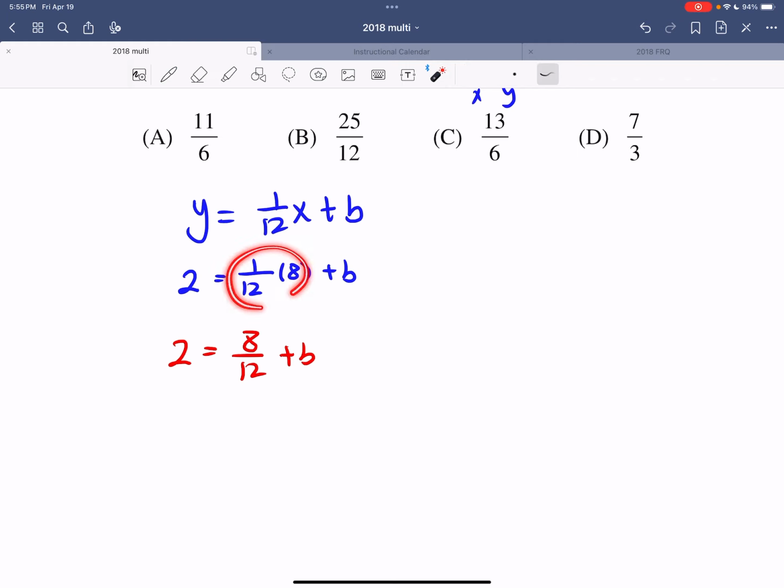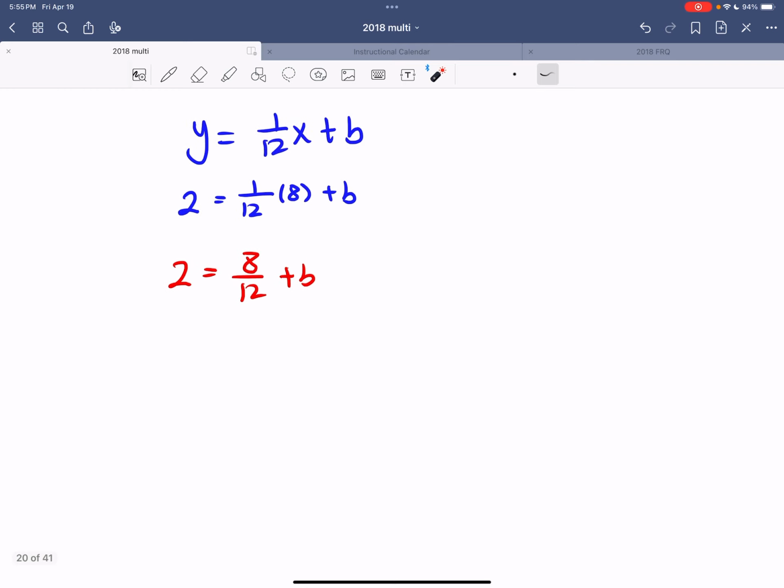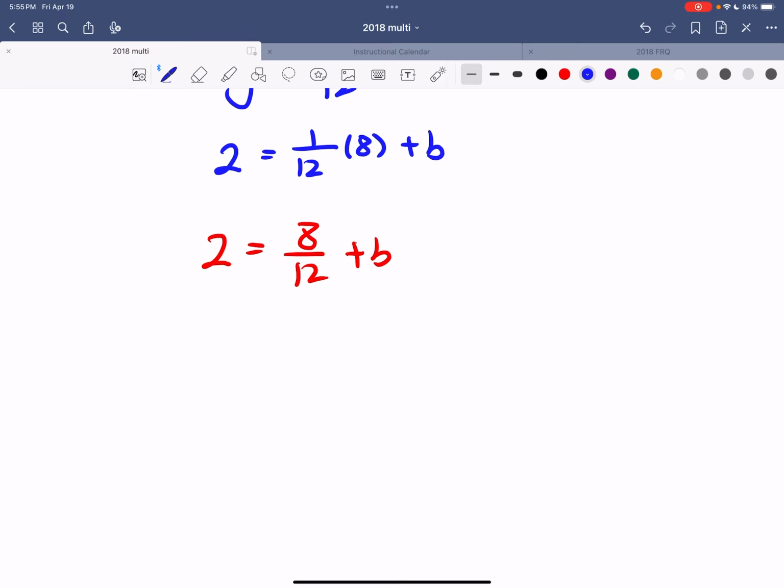Just remember, you can always put this one on top by multiplying it, or you can put it aside, whichever you want. And do I want to simplify now? No. I will just subtract 8/12 from both sides. So it's going to be 2 minus 8/12 equals b.